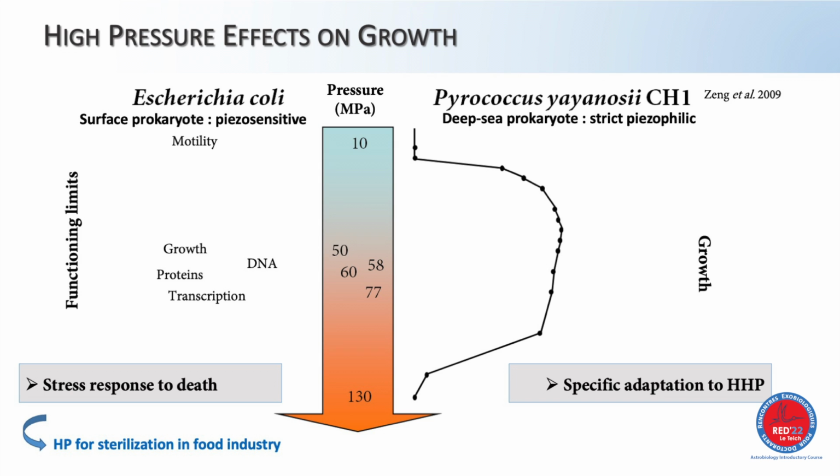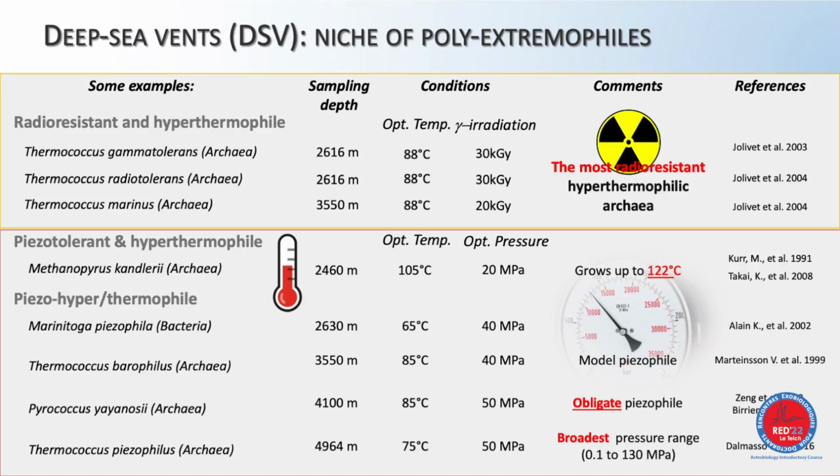So here in this table, I show you some hyperthermophiles, really well known. Methanopyrus kandleri has the record of temperature of life. It can grow up to 122 degrees C. You can still find some bacteria that can grow at high pressure conditions. Thermococcus barophilus is a model piezophile for microbiologists interested in deep sea vent microorganisms and high pressure conditions.